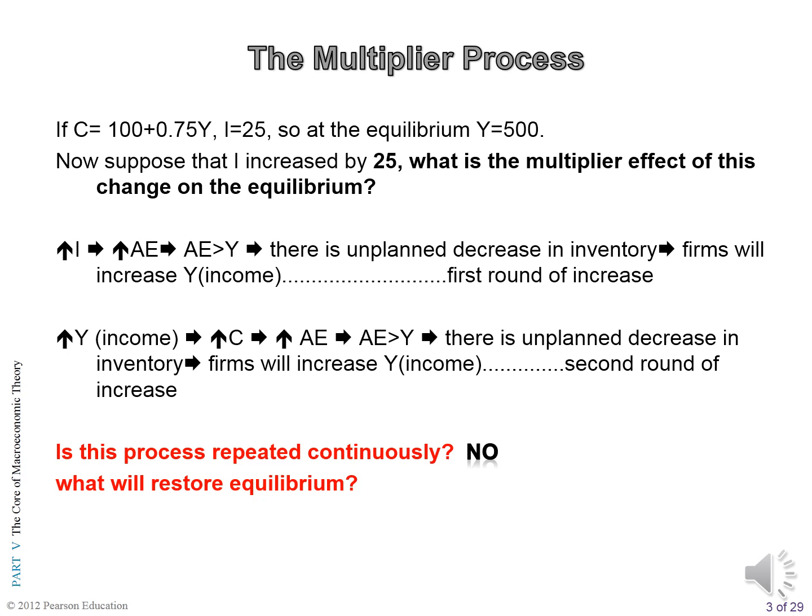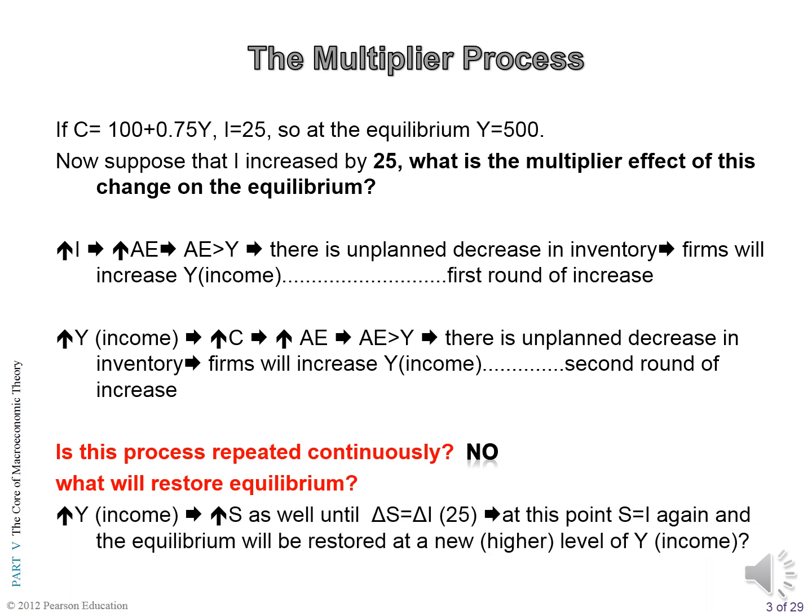So an increase in income will increase consumption and saving. An increase in saving will be equal to the increase in investment. So saving will keep increasing until it increases by 25. Once it increases by 25, the equilibrium will be restored again and the process will stop.